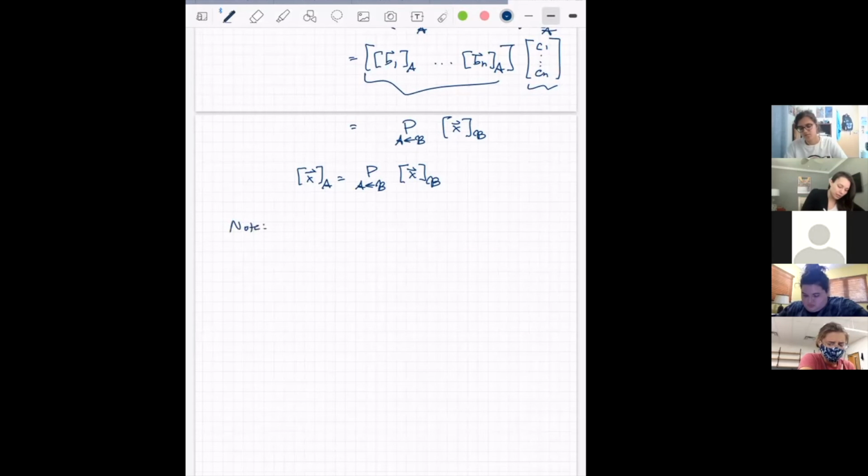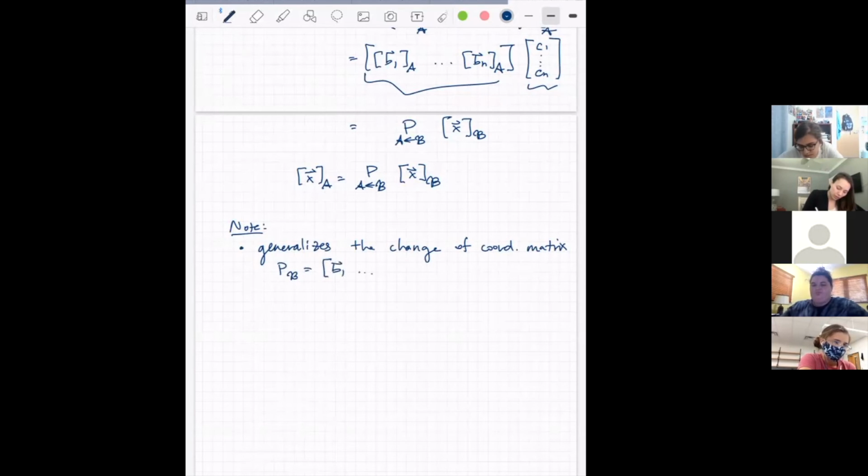A couple of things to note. First of all, we saw something somewhat like this before, which we called a change of coordinate matrix. So this generalizes the change of coordinate matrix that we saw before, this P sub B, where we took all of the basis vectors and put them into a matrix.